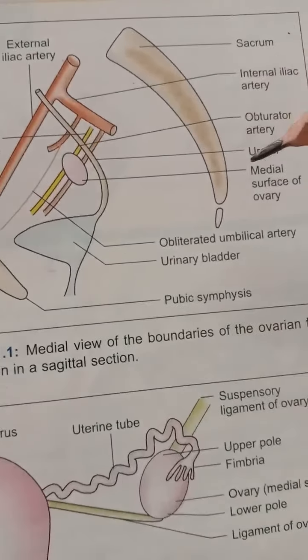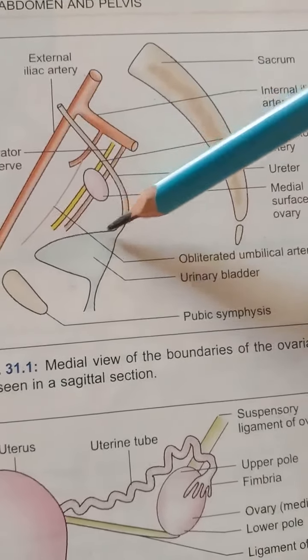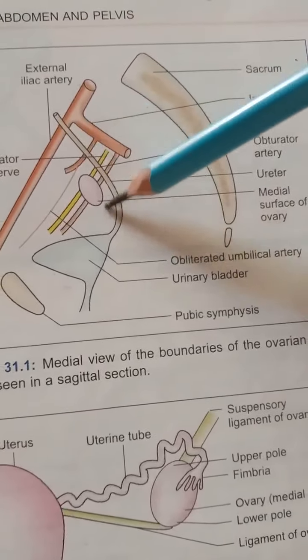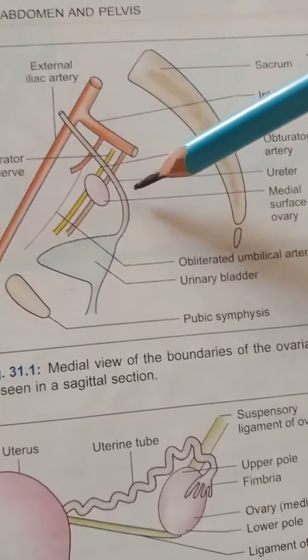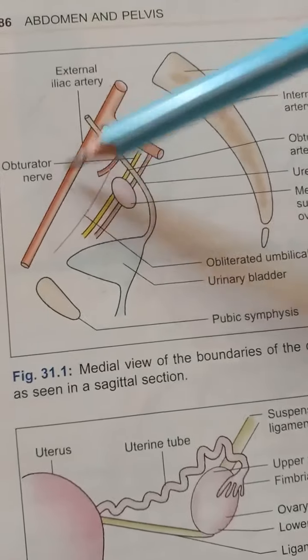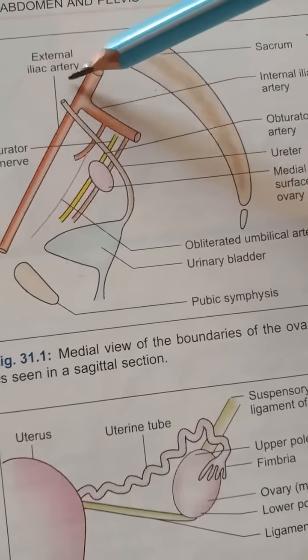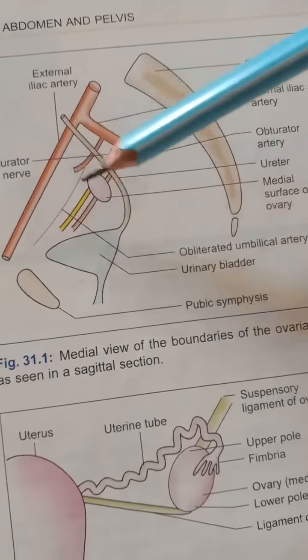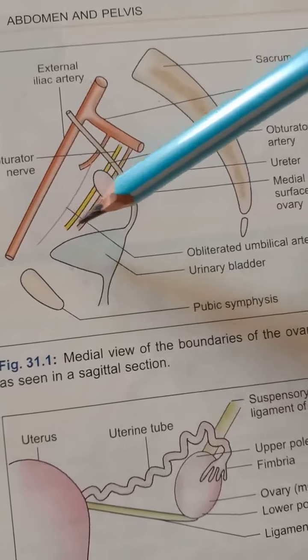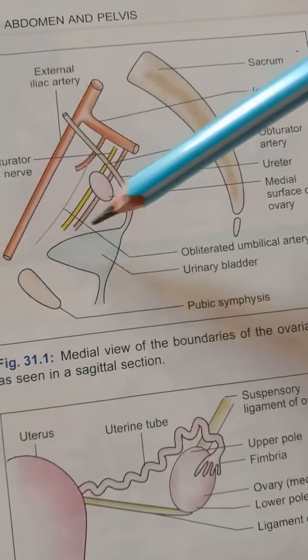Here you can see the ureter, and this is the internal iliac artery. Anteriorly it is bounded by the external iliac vessel, or the artery, and inferiorly by the uterine tube. Here the uterine tube is present.